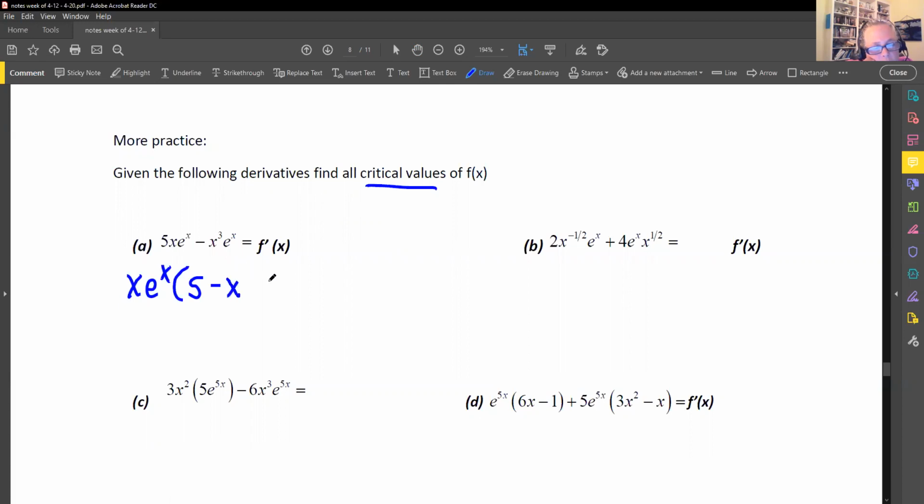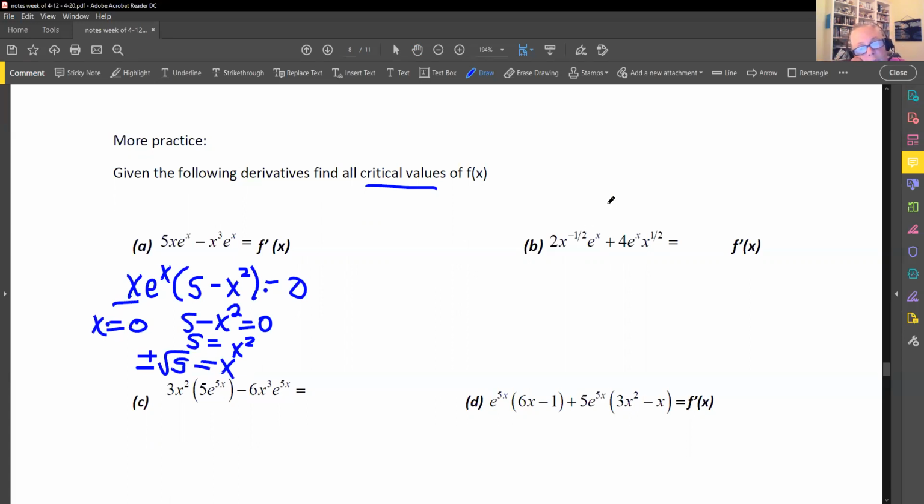So when I set that to 0, I have x equals 0. e to the x I can ignore. And 5 minus x squared equals 0, so 5 equals x squared. So x equals plus or minus root 5. Don't forget there are two answers there. One's positive, one's negative. So 0 and plus and minus root 5 are the critical values.